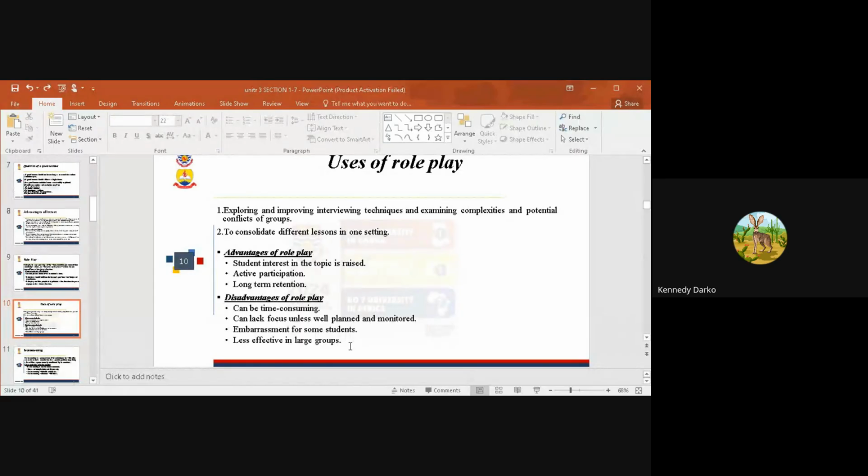If the thing is so complex, people will use role play to demonstrate and put whatever idea they want people to get out there. We also look at how it consolidates different lessons in one setting. So role play helps you put different lessons in one setting.